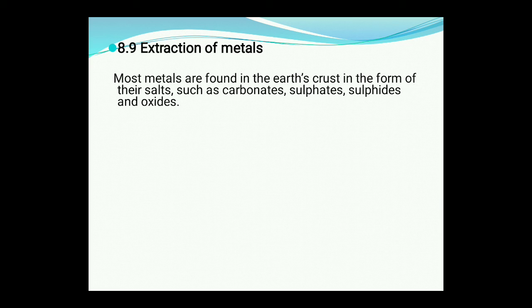Now, in nature, as some non-metals are abundant, they easily react with these metals. The non-metals which are abundant in nature are oxygen, sulfur, carbon, etc. Metals generally occur in the earth's crust in the form of their salts such as carbonates, sulfates, sulfides, and oxides.